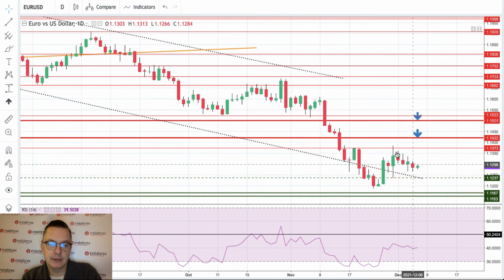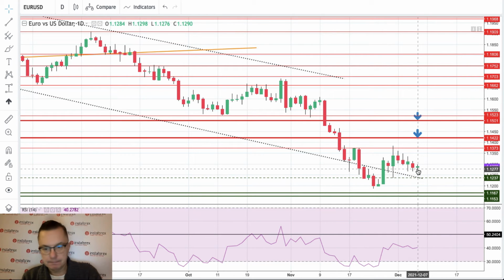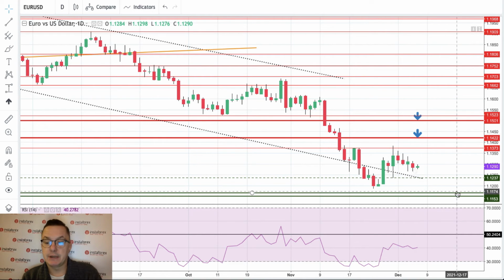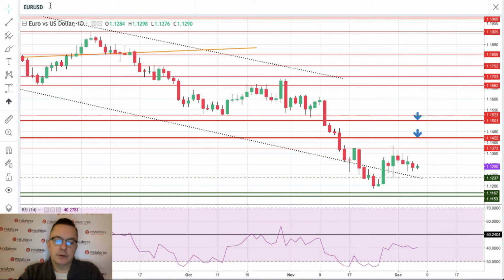It all looks like inside bars. So in that situation, I can say that trend continuation is more probable than trend reversal. So please keep an eye on 1.1167 and 1.1153. That was the euro dollar.